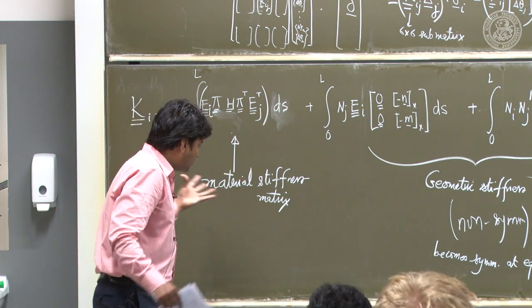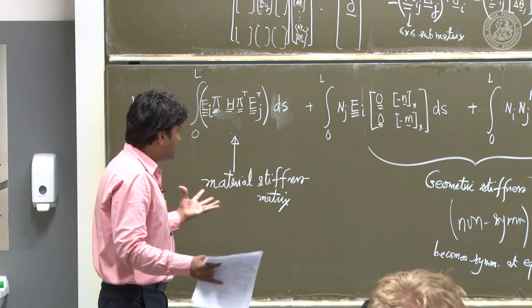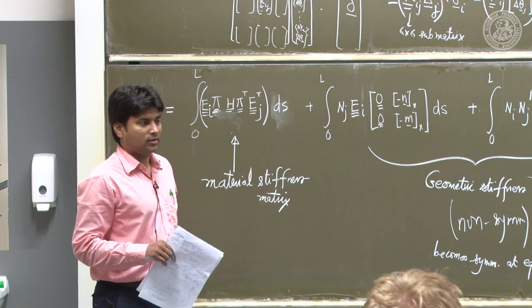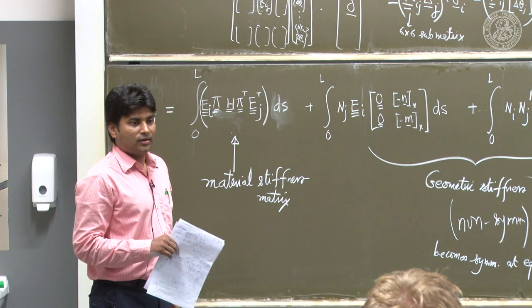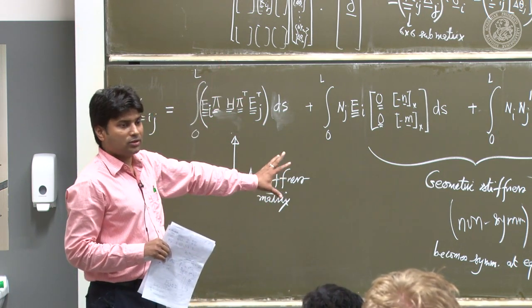So once you run your loop through the elements, you can assemble your global stiffness matrix. Just as we are doing for the residual vector, you can also do it for your stiffness matrix.